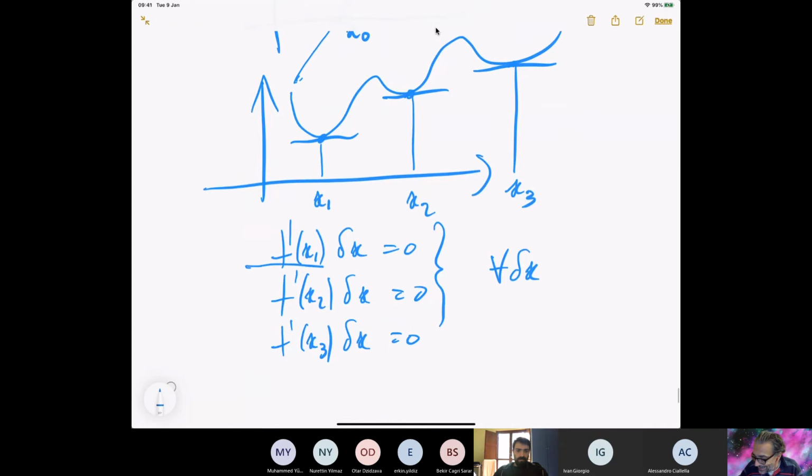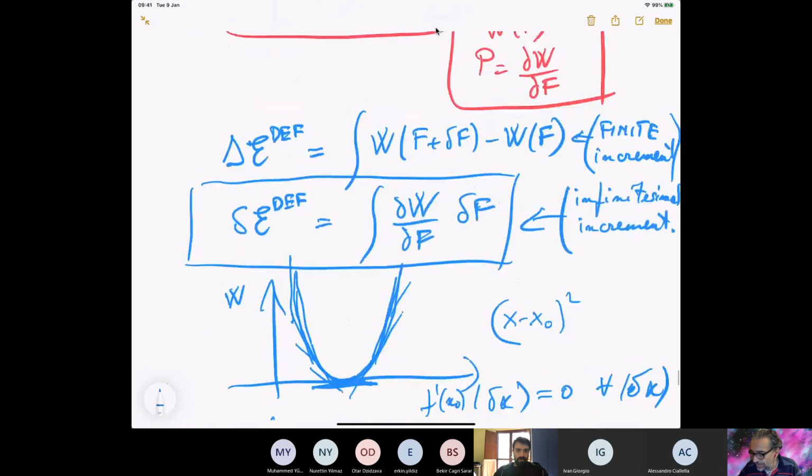So this is a linear condition with an independent variable. So we are not studying linear small deformations of our body. This condition is valid for infinitesimal increments starting from every chi 0.